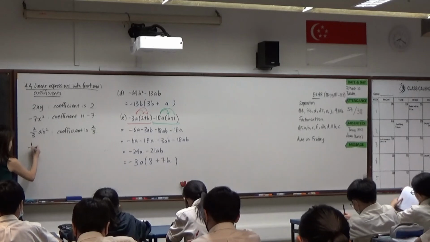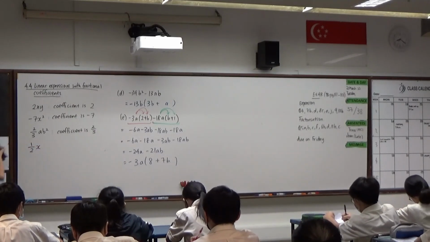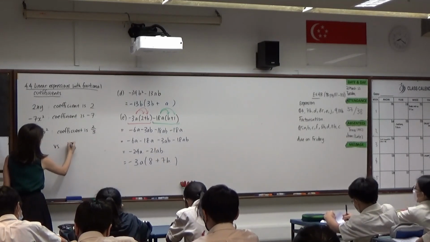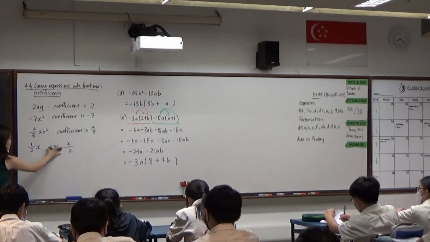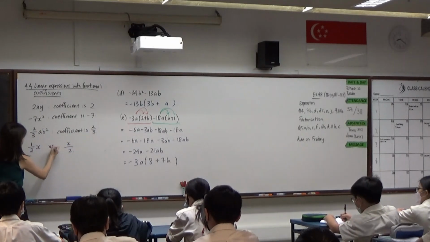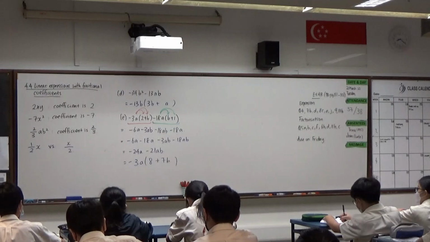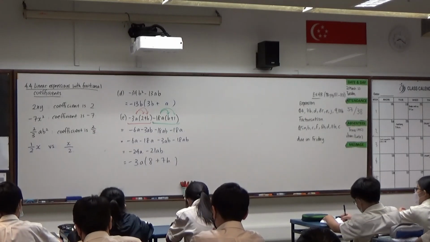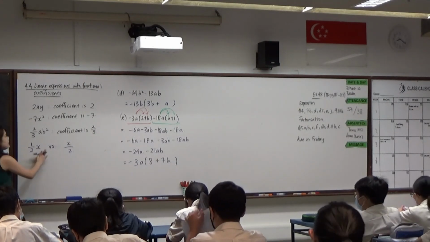However, something that I need to recognize is that if I were to write, for example, half x versus x over 2, they actually mean the same thing.